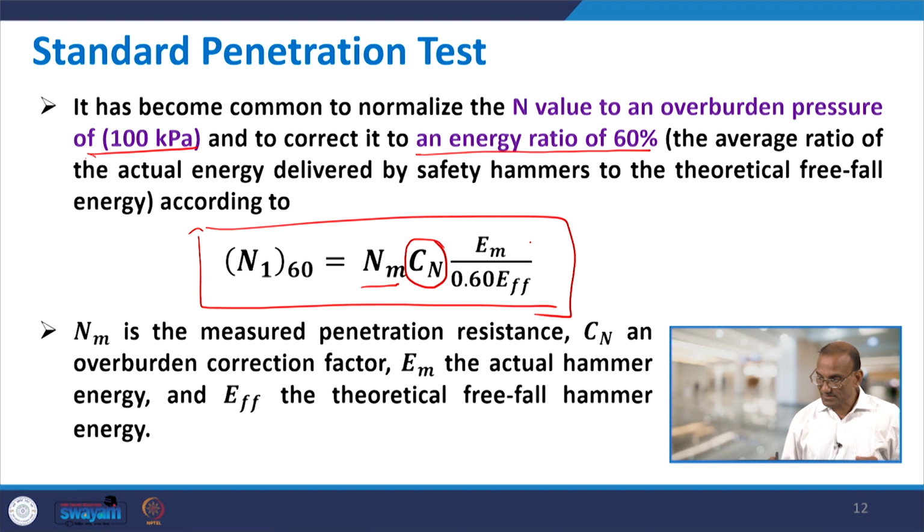The last correction is due to the energy, where Em is the actual hammer energy and EFF is the free fall energy.